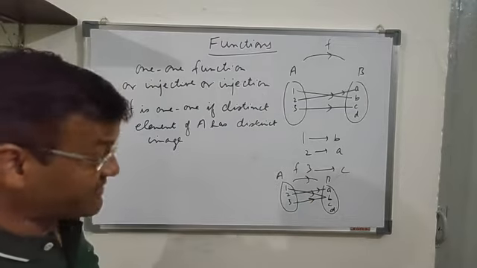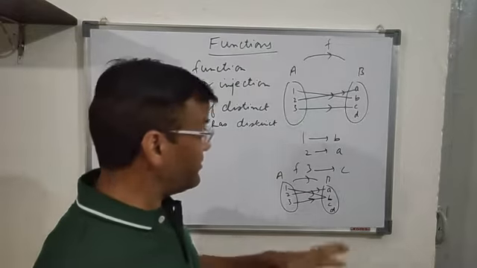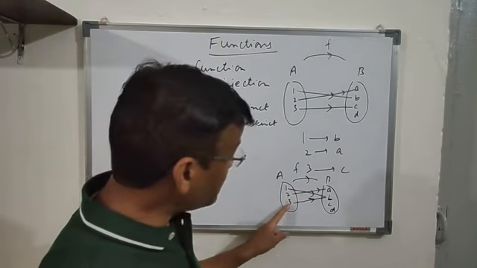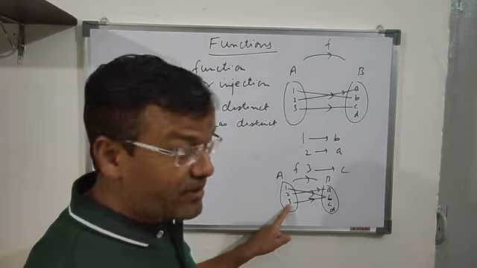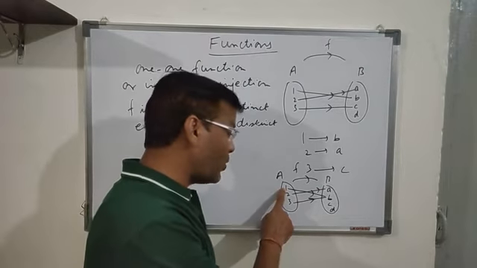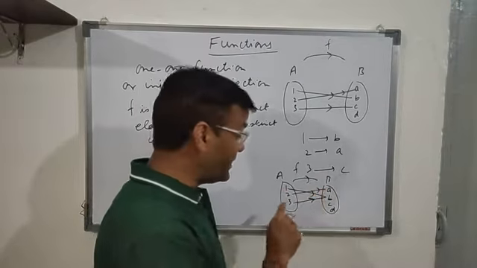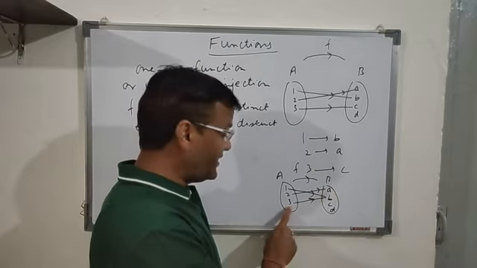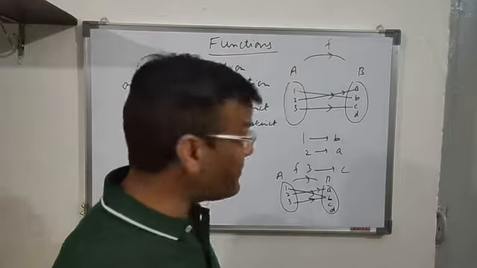Yes, it is, because the definition of a function says that every element must have an image, and every element must have only one image. The image of 1 is only B, the image of 2 is only A, and the image of 3 is only B.